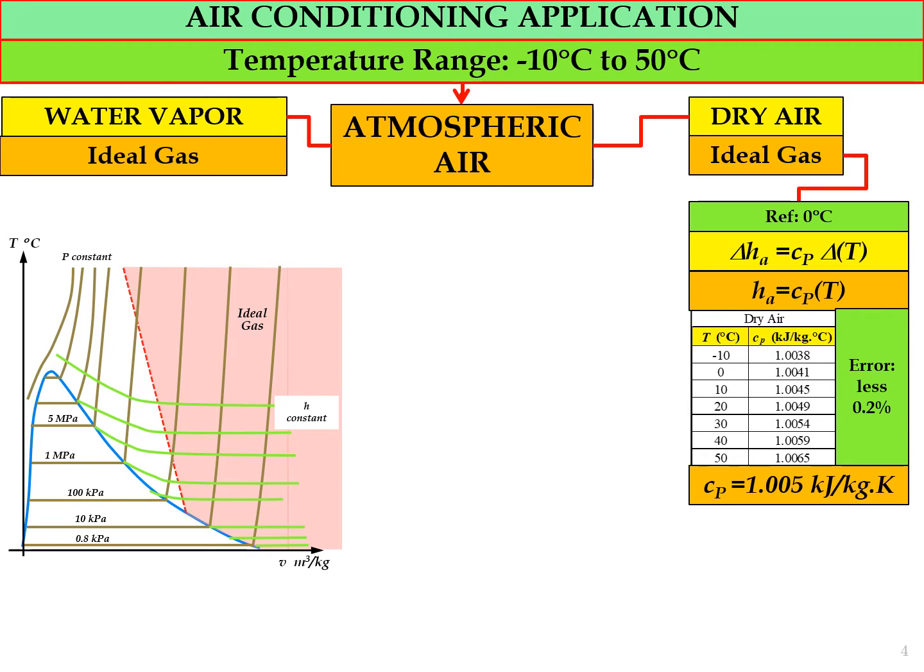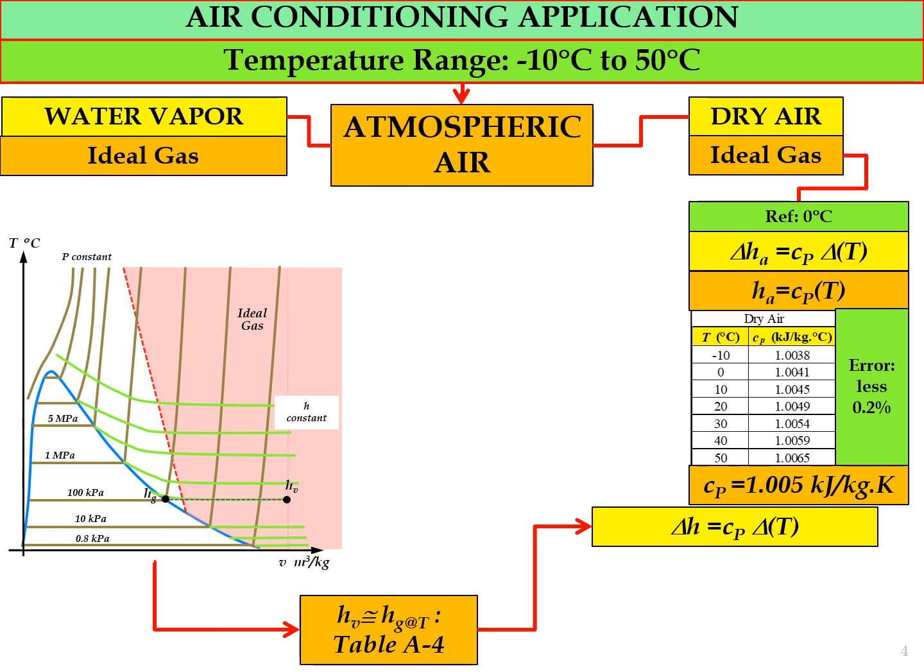The green line is the constant enthalpy line, and from here we can see that the enthalpy of the water vapor at the ideal gas range, in the superheated range, is the same as the Hg value at the saturated vapor line.